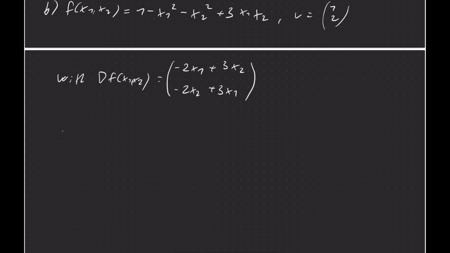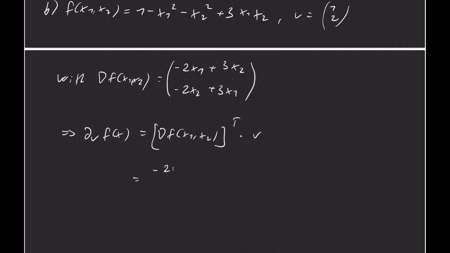And that means the directional derivative d_v of f at some point x with this direction v here, that's the gradient transposed times (1, 2), or times v.